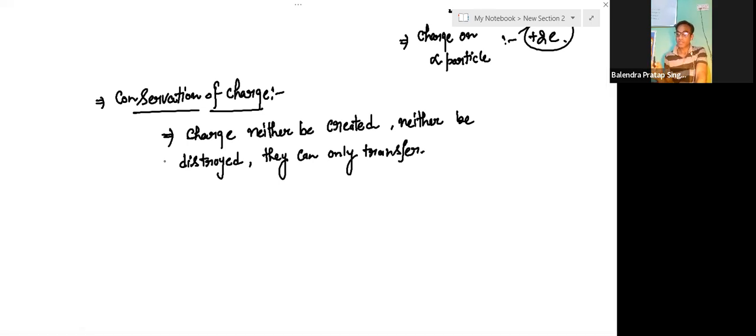We can consider the total charge of this universe remains constant. So the total charge of the entire universe remains constant.